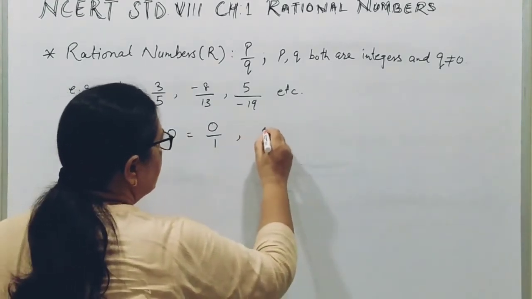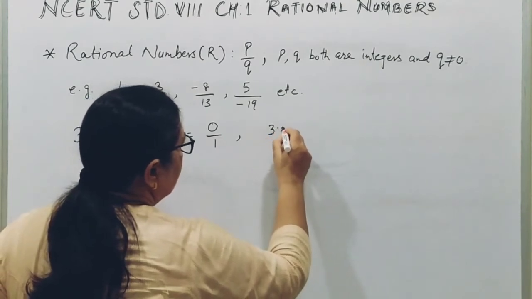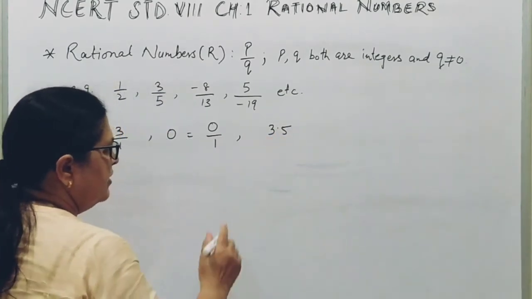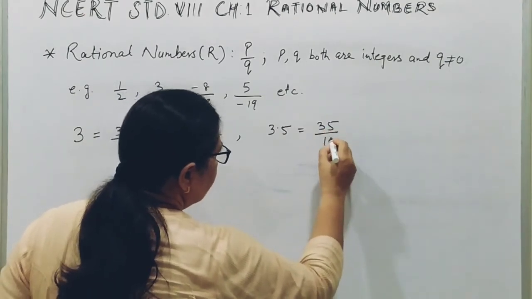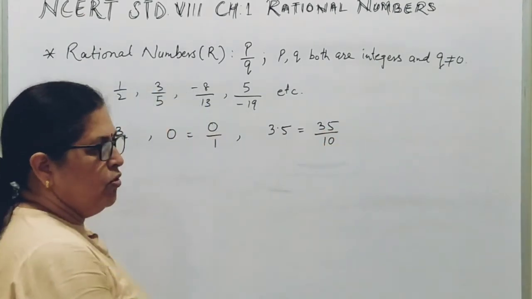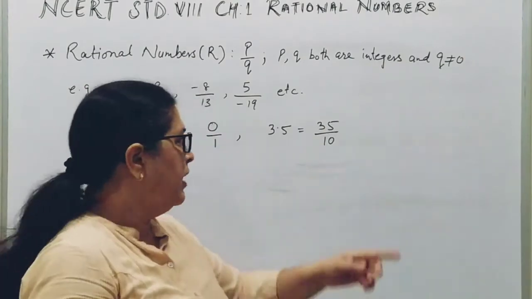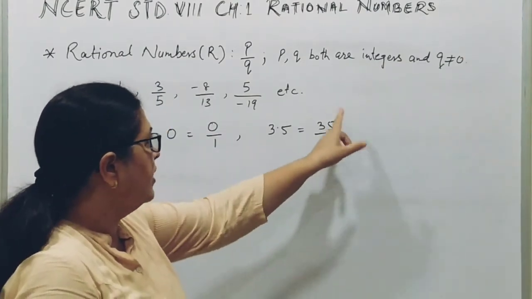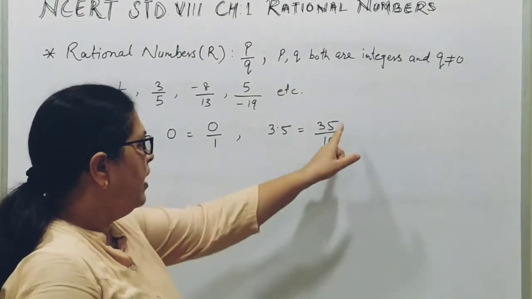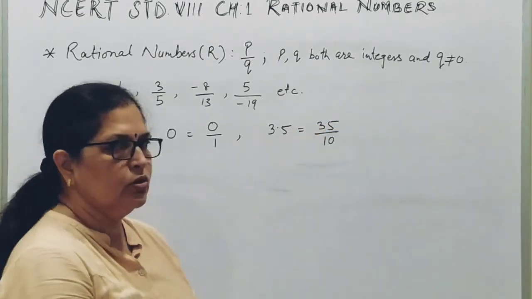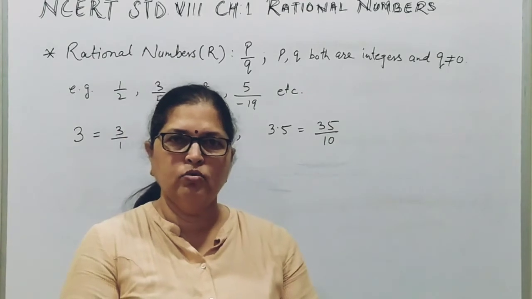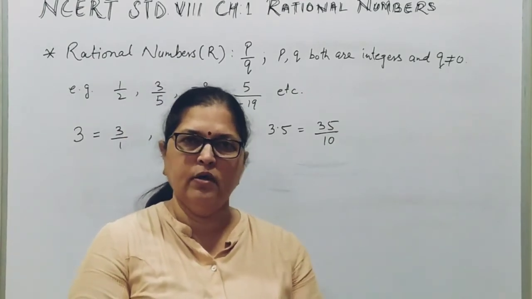Next, what about the numbers like 3.5, that is decimal numbers. 3.5 we can express as 35 upon 10. Again, both are integers and they are in the form of p upon q. Hence, this number, that is decimal number, also belongs to the set of rational numbers.